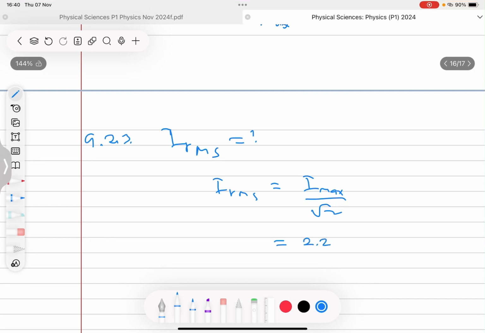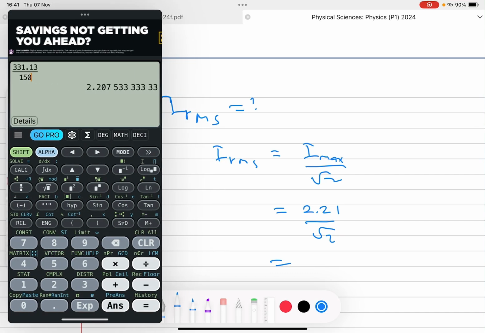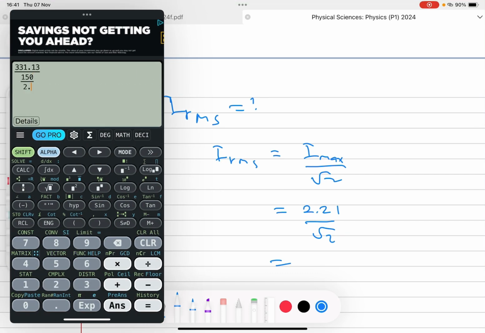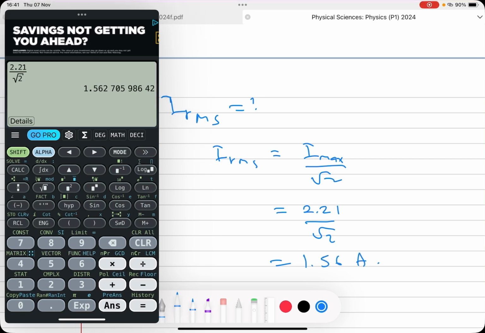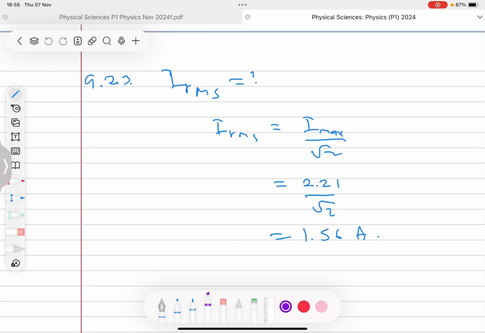We just calculated Imax to be 2.21, so it's 2.21 all over the root of 2. Punching this in the calculator, 2.21 divided by the root of 2 gives us a current of 1.56 amperes. This is as simple as that.